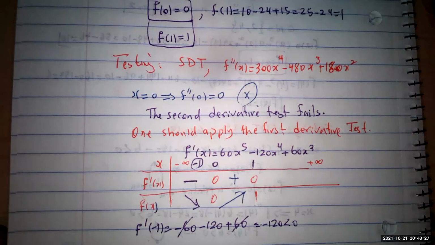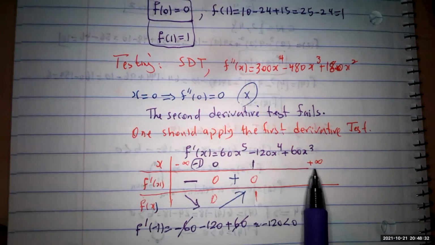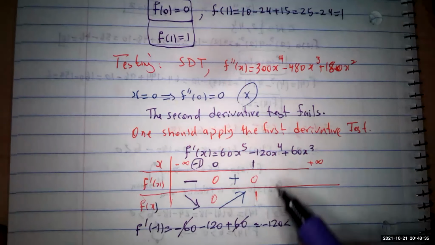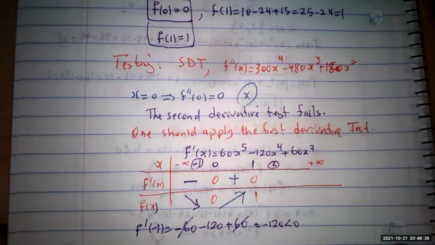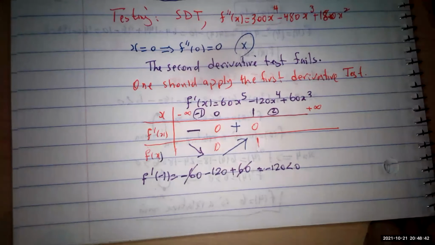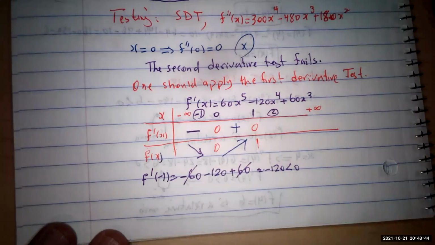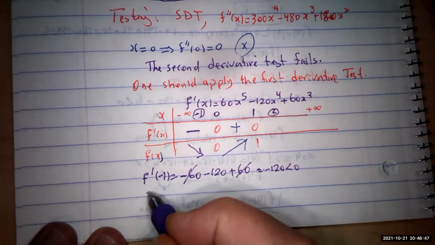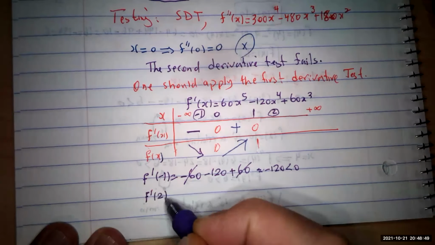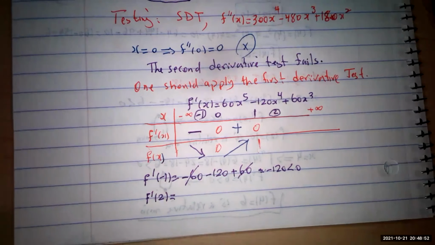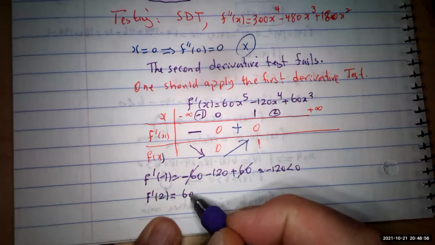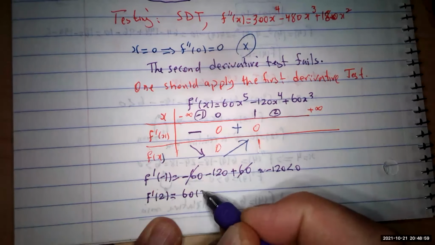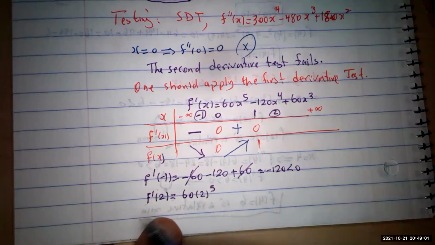Okay, so I put the -1 here. Then I should check a number between 1 and positive infinity. I pick something like 2 here. If you put the 2 into the f prime, you'll be surprised what you get. Let's try it. If you find f prime of 2, that gives you 60 times 2 to the 5th minus 120 times 2 to the 4th plus 60 times 2 to the 3rd. It's going to be a big number.